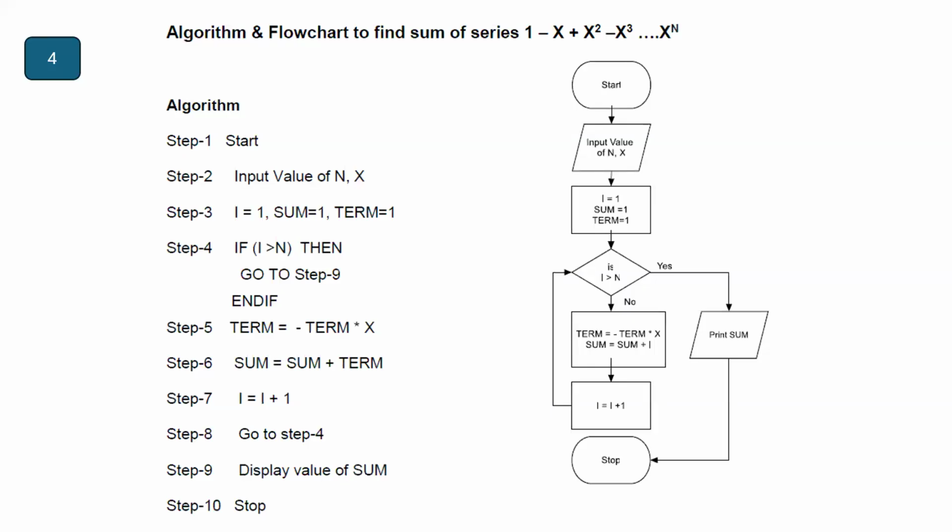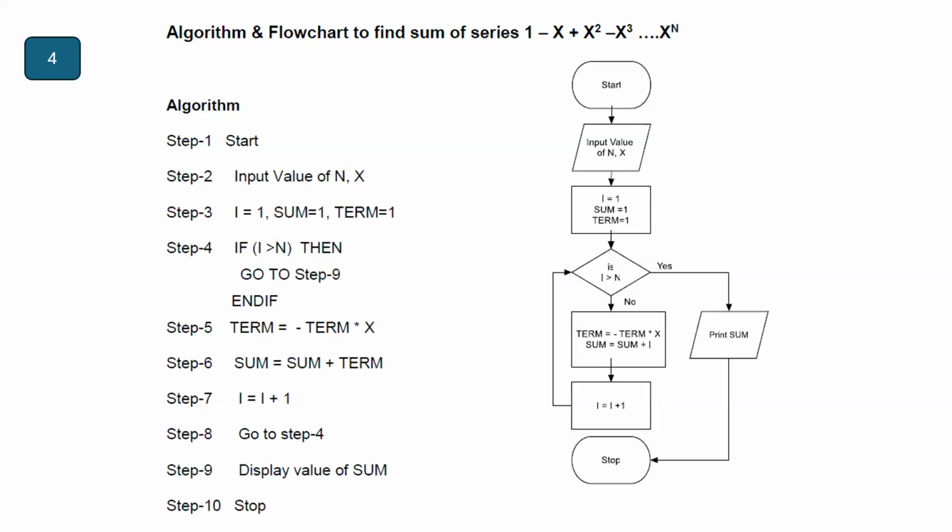So if this i is greater than n, then we can go to this end label process, we will end this process, but if this value is less than n, I want to calculate this first term. And first term is x, this one. So here is the minus, and term is just 1 for the initial step, and then here is the multiplication.